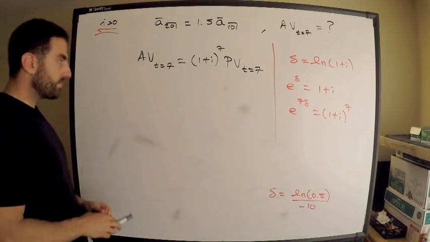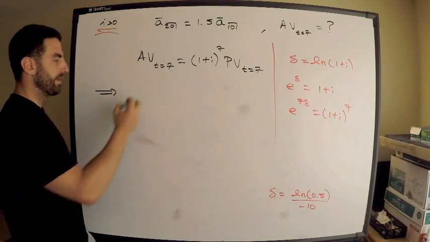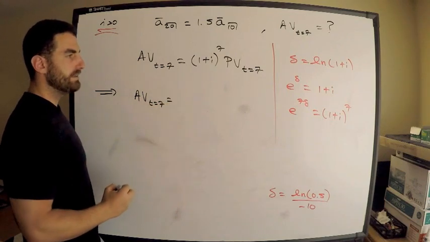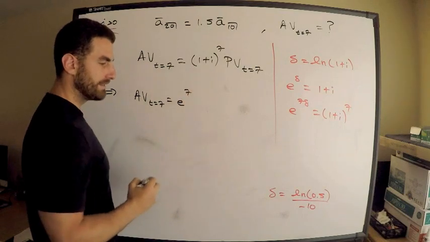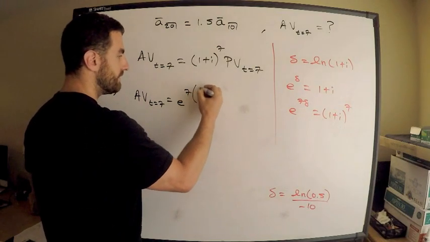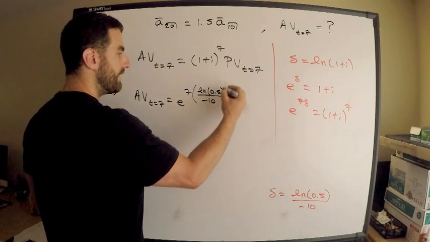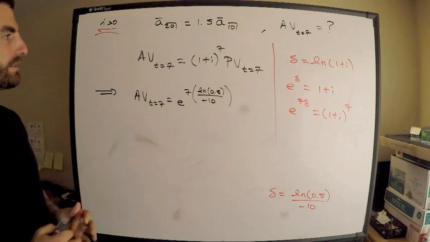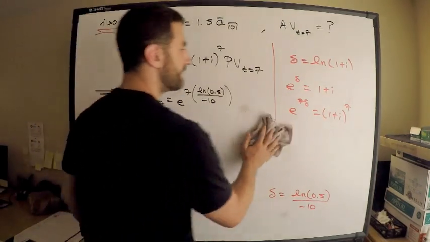So what does this tell me? Therefore, we have the following. The accumulated value after 7 years is equal to e^(7δ), which is e to the 7 times ln 0.5 divided by negative 10, times the present value after 7 years.